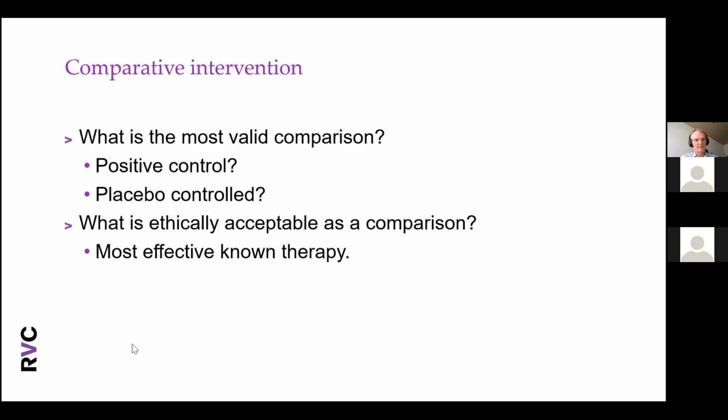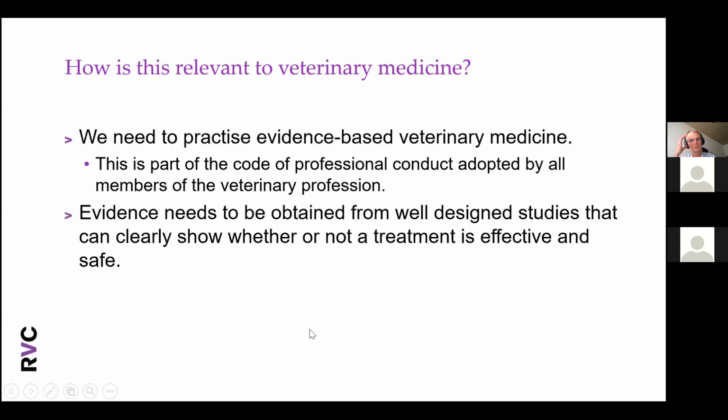So moving through then, the question is, how is this relevant to veterinary medicine? In veterinary medicine, we need a high level of proof of effectiveness of our medications in the same way that we do in human medicine. And in fact, in recent years, our regulatory body, the Royal College of Veterinary Surgeons, has made it an obligation that veterinary professionals should practice what's called evidence-based veterinary medicine.